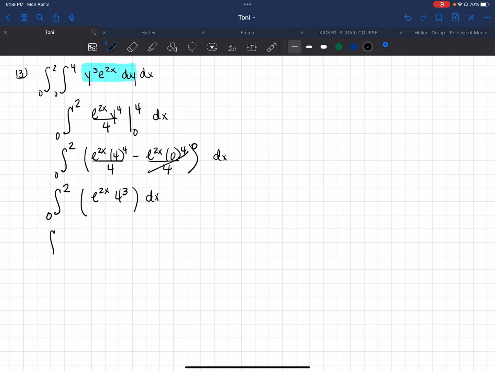Okay, so now I have the integral from 0 to 2 of 4 cubed. So that's 16 times 4 is 64, e to the 2x dx.